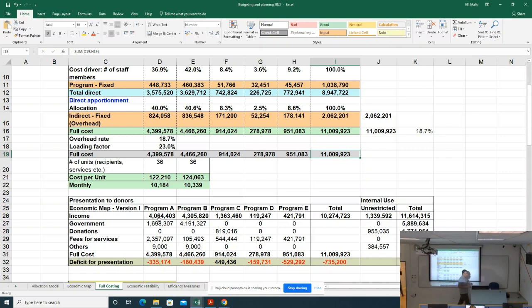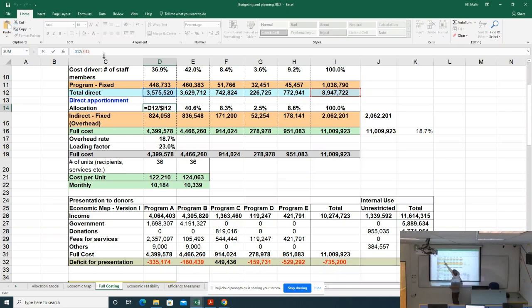The second method is calculating the allocation scale. Here we have again an example of how we calculate the allocation scale. Remember that the allocation scale of the direct apportionment is based on the direct budget. To calculate the percentage that should be allocated to program A, I look at the direct budget of program A out of the total direct budget.